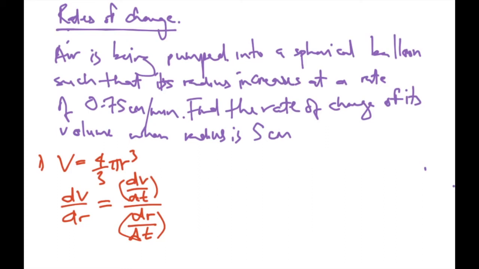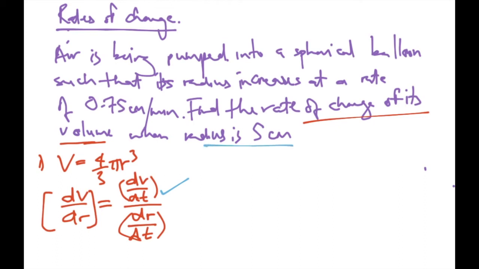Now let's look at all the information that we have. Find the rate of change of its volume. So what they want is the rate of change of its volume, and rate of change means change that happens over time. Out of these three formulas, which one do they want us to find? Certainly dV over dt, because it's the rate of change of its volume over time, and r is given as 5.